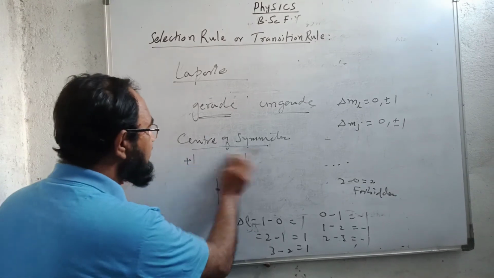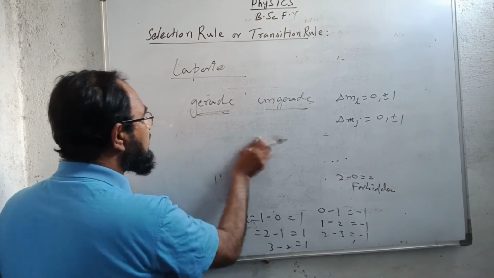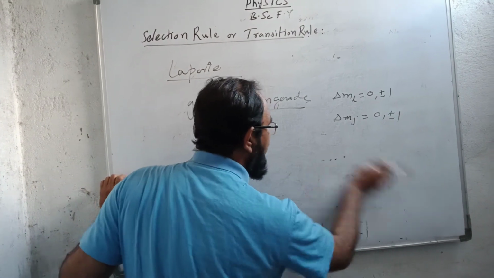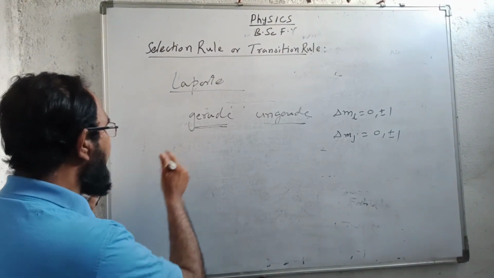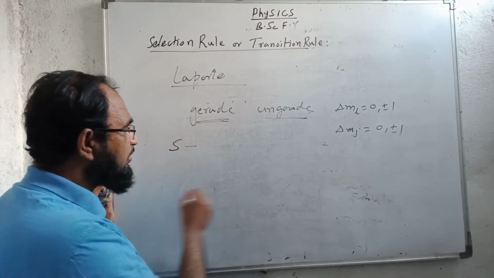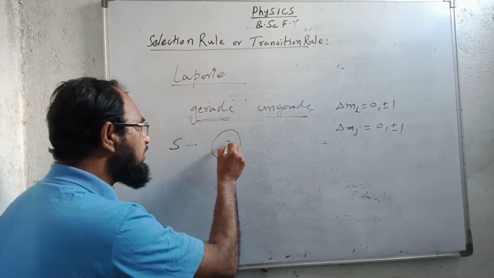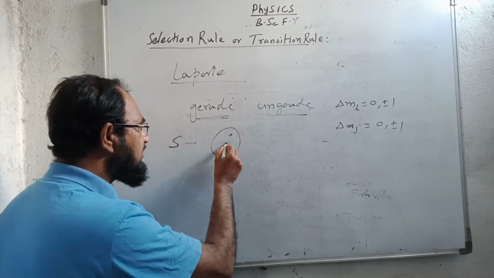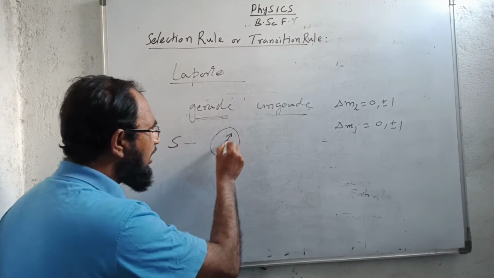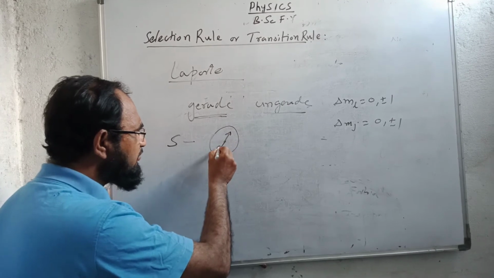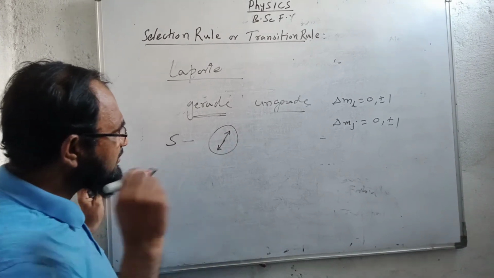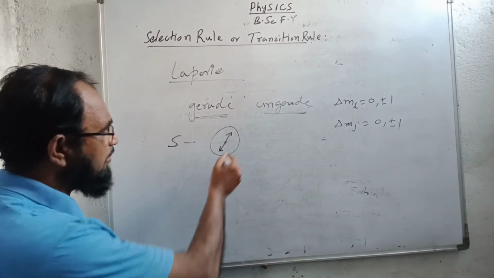So now let us see the shapes of the s, p and d orbitals. For the s orbital, we have this type of shape. Here there is a center of symmetry. When we go in any direction, we can go the same distance in the opposite direction.